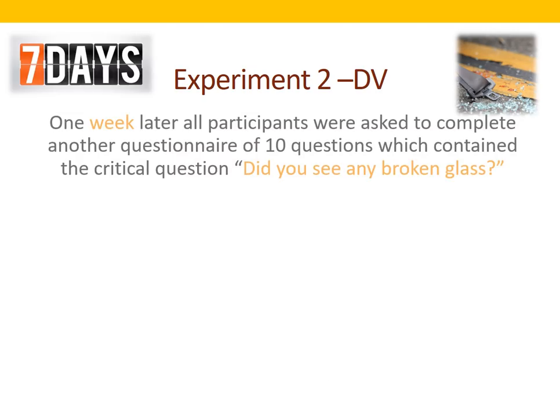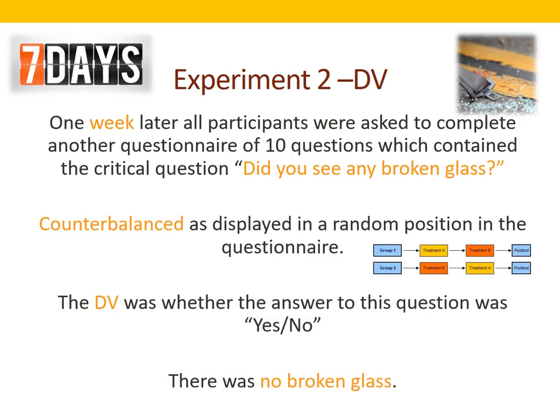Okay, and now what they're measuring this time isn't the speed. Obviously in answer to that question, they would answer with speed, but that's not what we're interested in. That's what we're interested in in experiment 1. In experiment 2, what we then do is a week later, we ask the participants to complete another 10 questions. Now this time the critical question is, did you see any broken glass?